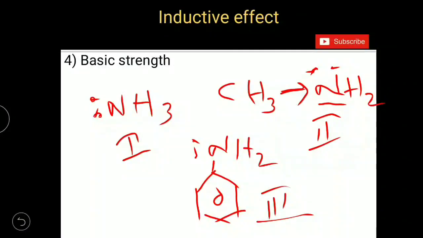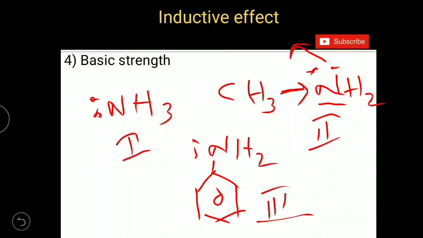So nitrogen in methylamine can donate the electron pair more easily than the nitrogen atom in ammonia, because nitrogen in methylamine is richer in electrons than nitrogen in ammonia. So this second compound is more basic than the first compound.